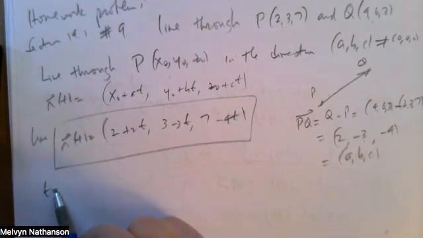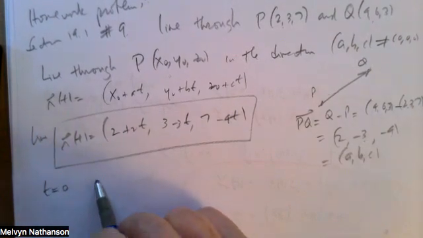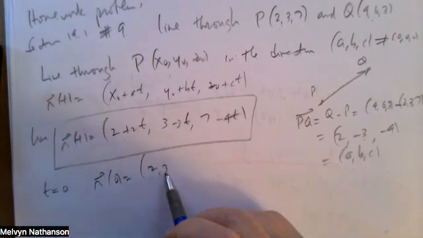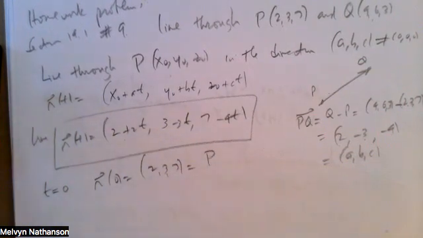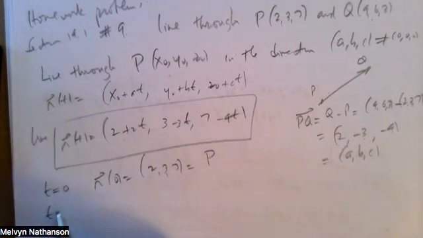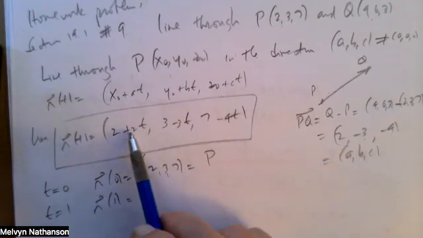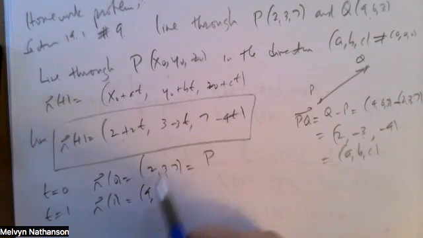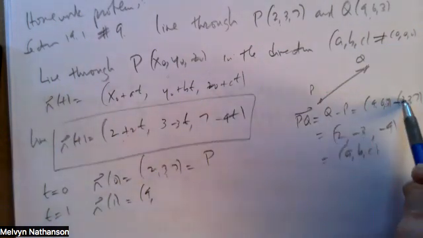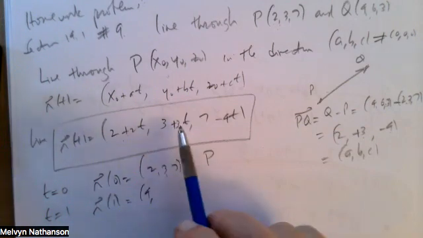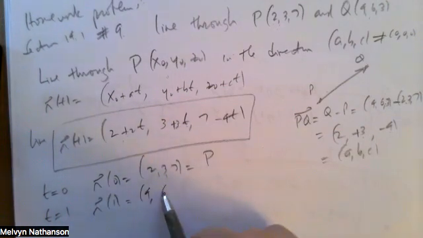When t is equal to 0, where is the point on the line? R of 0 is 2, 3, 7, which is the point P. At time t equal 1, the position of the particle, when t is 1, you get 4. Oops, something isn't right here. 3 plus 3 is 6. That's better. When t is 1, I get 3 plus 3 is 6.